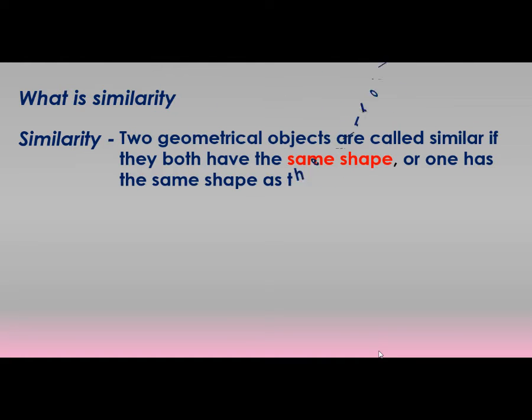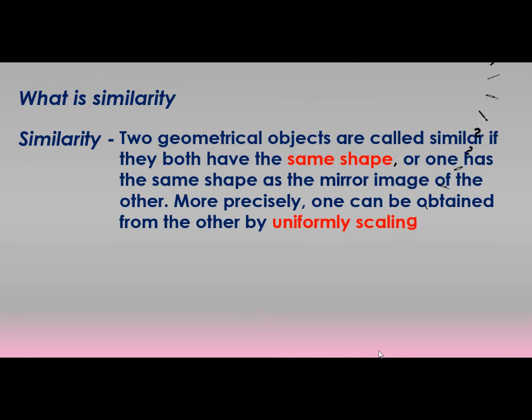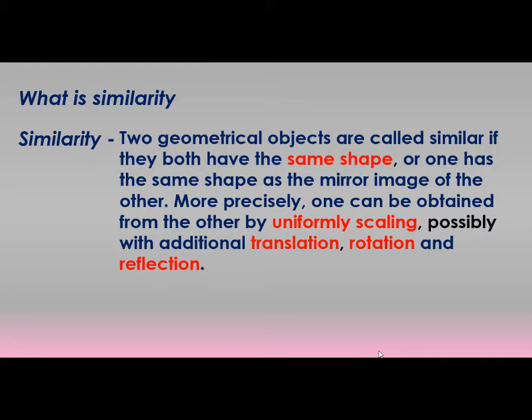So, what is similarity? Two geometrical objects are called similar if they both have the same shape. Earlier, I discussed this by giving an example of the Eiffel Tower. I hope you remember the same example I'm quoting. One is in Las Vegas, one is in France. These two have the same shape, or one has the same shape as the mirror image of the other.